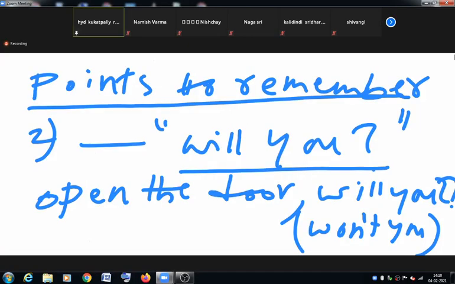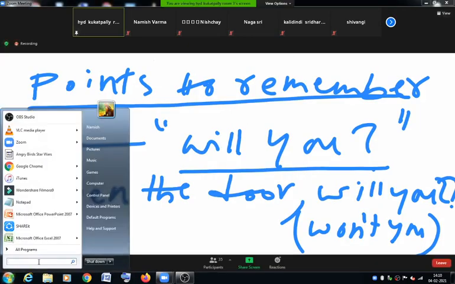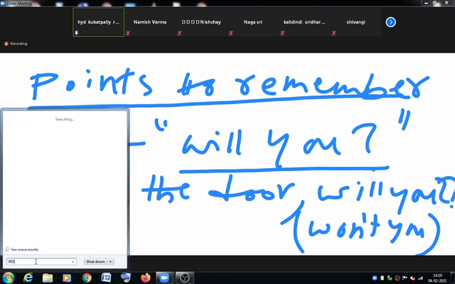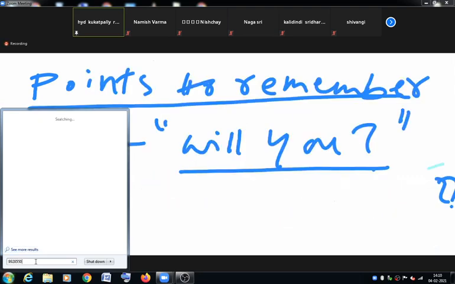Remember. Open the door. Simply you can write will you. That is enough. Or if you want to write negative also, no problem. Won't you. Both are correct. The question tag for open the door is will you or won't you. For example, if the imperative sentence is in the negative. Don't open the door.